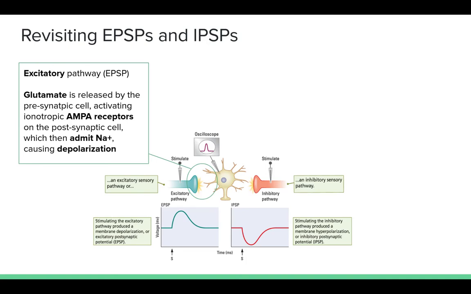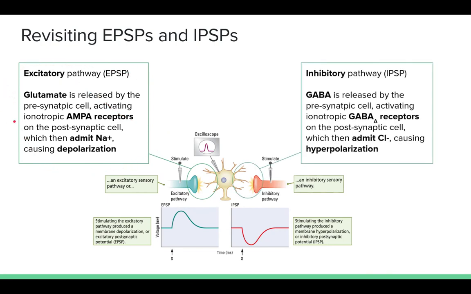So EPSPs are really the result of the activation of glutamatergic synapses. Likewise, with IPSPs, we now know that when we stimulate these, we're releasing GABA. GABA binds to the GABA A receptor subtype, an ionotropic receptor that allows chloride ions into the cell. And when we let negative ions into the cell, we hyperpolarize that cell.